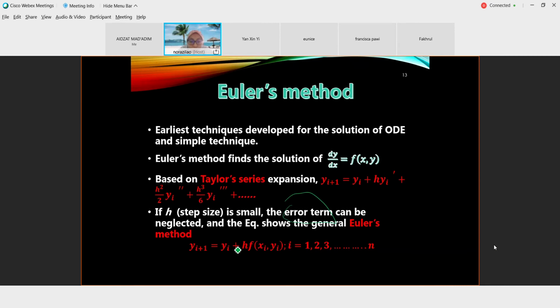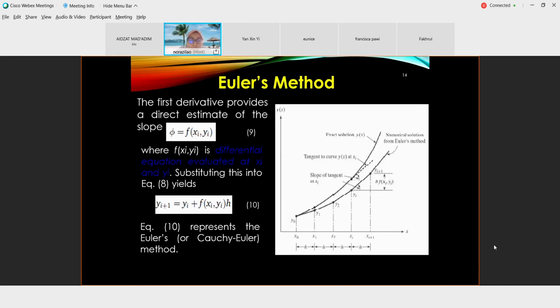Therefore, for the Euler method, we use the general equation y i plus 1 equal to y i plus h times the function of x i, y i, for every i iteration from 1, 2, 3 up to n. The first derivative provides a direct estimation of the slope. The slope is a function of x i and y i, and for every increment of i, it will give a different slope.